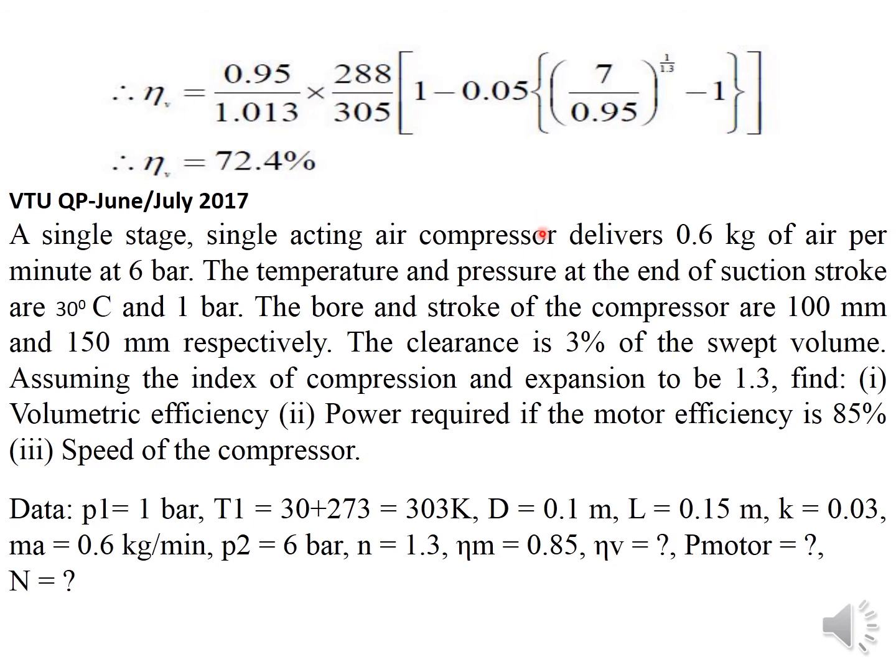We know the formula. Also calculate the power required if the motor efficiency is 85%, and the speed of the compressor. Power required means IP we have to calculate. These are all the given data, so just note them down in your notebook.